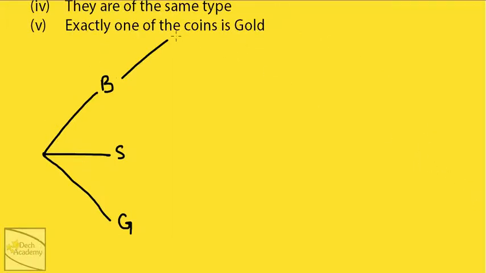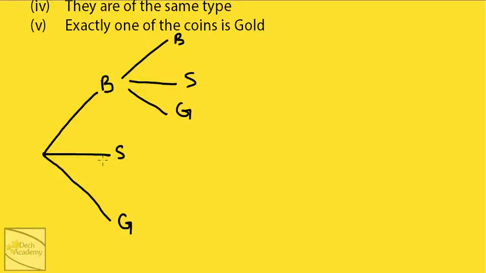Because you have 3 choices each time. First time, bronze, silver, or gold. And then if he picks bronze the first time, he can pick bronze again, or he can pick silver, or he can pick gold.